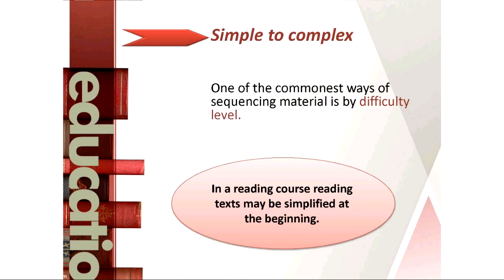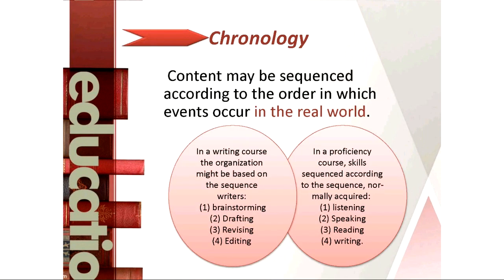So when you think from simple to complex as a content, that means you think about the difficulty levels. So you start with the simplified at the beginning. Chronology: you think about the content sequence according to the order in which events occur in the real world.